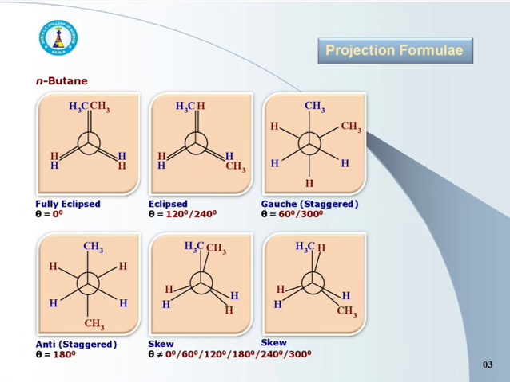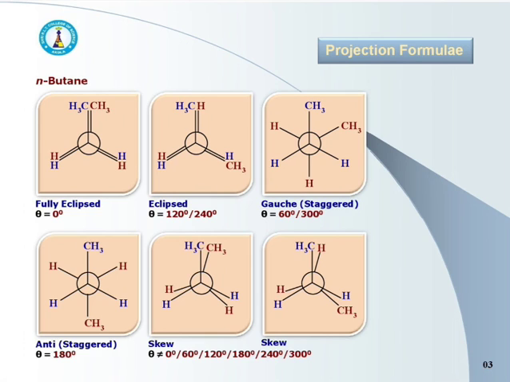Whereas in second one, CH3 groups are not close to each other, and the second one is only the eclipse conformation. For fully eclipse conformation, dihedral angle theta is 0 degree, whereas for eclipse conformation, dihedral angle theta is 120 degree or 240 degree.